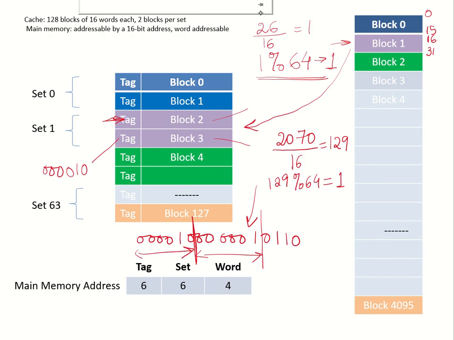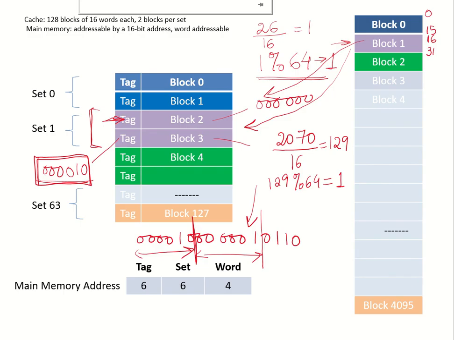Just by differentiating between the tags, as you can see, main memory block 1, when it was brought to the cache, had tag bits 000000. Main memory block 129, when it has been brought into the cache, has tag bits 000010.